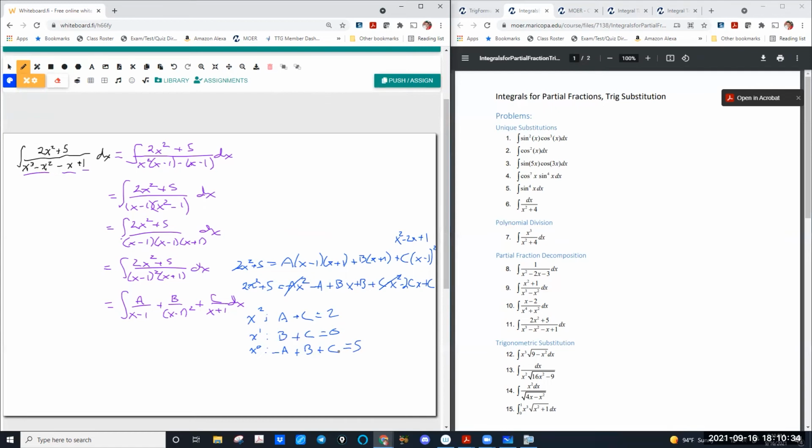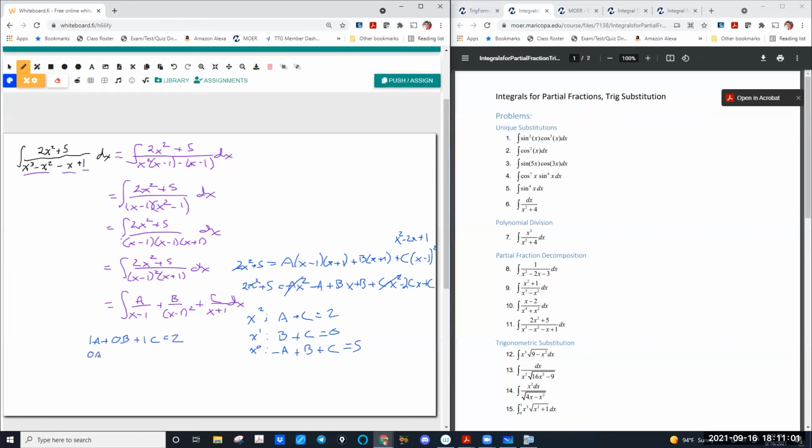We need to solve this system. I want to show you how to do a system with your graphing calculator. So I'm going to line these up so that they look a little bit cleaner. I have 1A plus 0B plus 1C equals 2.